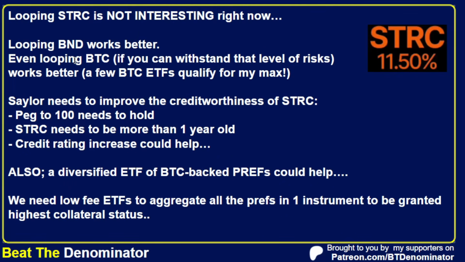To me, looping actually works better on something like a BND. And of course, I think a lot of people do that. Even then, you could actually do it on BTC. Some Bitcoin ETFs provide a max buying power. The max buying power is possible for some BTC ETFs as far as my portfolio is concerned.